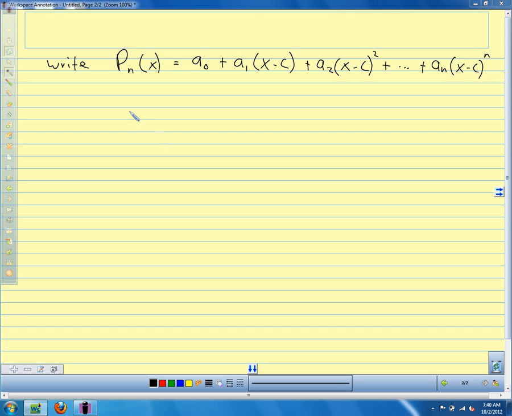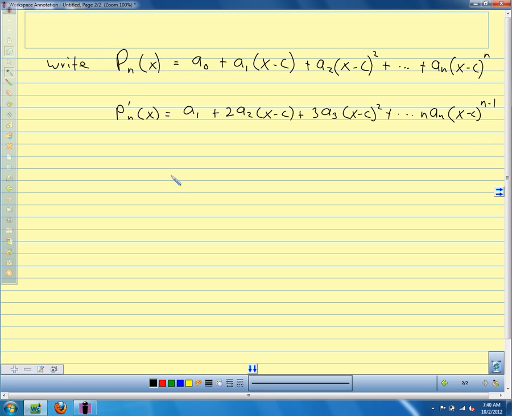So if I take the first derivative, p prime, I get a1 plus 2a2 x minus c plus, and I'm going to write my third term, 3a3 x minus c squared plus dot dot dot, and I have n times a sub n x minus c to the n minus 1. So I just took one derivative here.